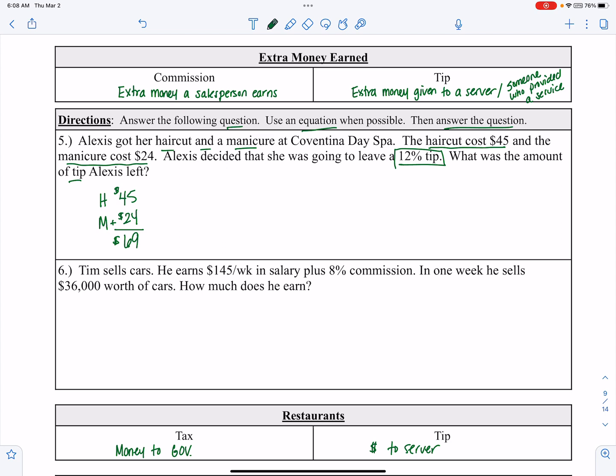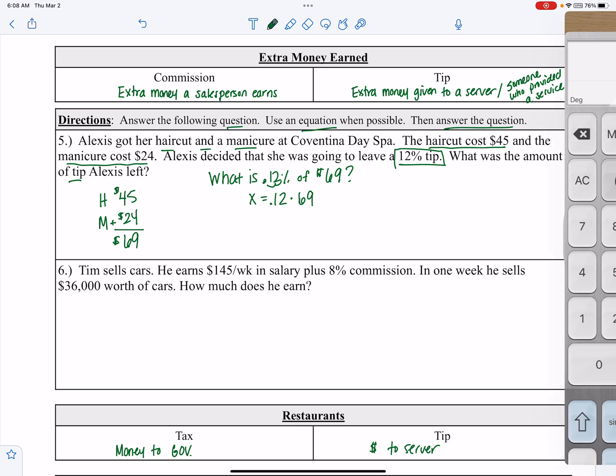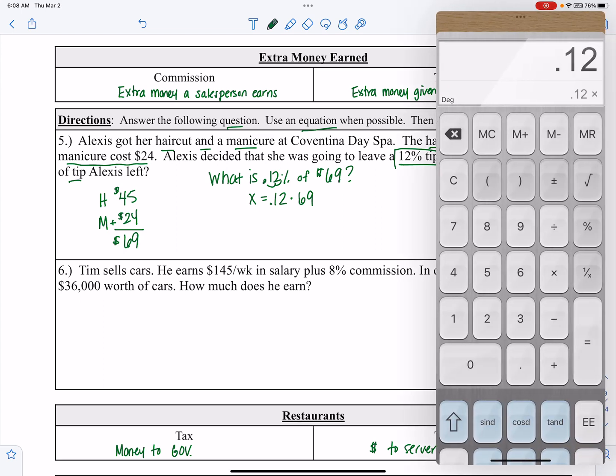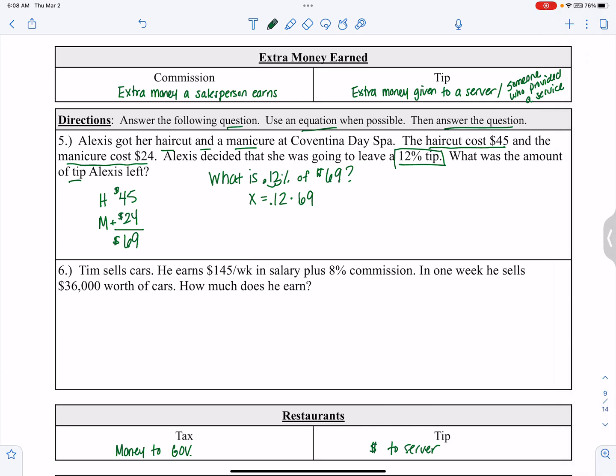And so our question that we need to write is, what is 12% of the total bill? Okay, and do a direct translation like we normally do with your two swoops to the left, dividing by 100. Okay, 0.12 times 69. We can go ahead and do that multiplication. $8.28.